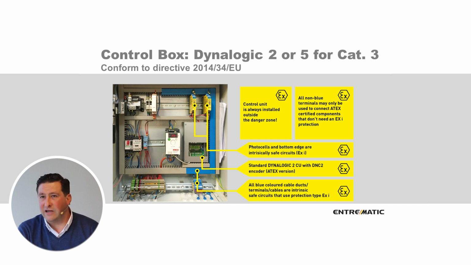The main difference in the control box, you see the blue parts. This is for the intrinsic safe circuits. This means in this case you have 2 cables from the photocell, 1 blue cable from the WDD, and they are called intrinsic safe, and they always have to be in cable ducts that are blue to separate from the normal cabling.